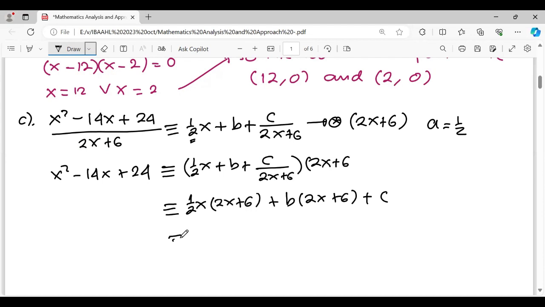And it becomes x squared plus 3x plus 2bx plus 6b plus c.